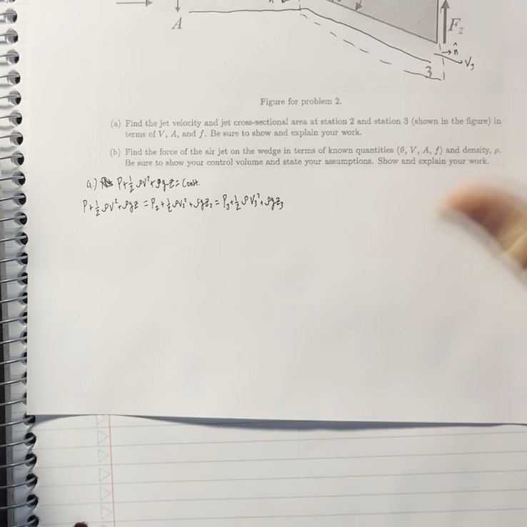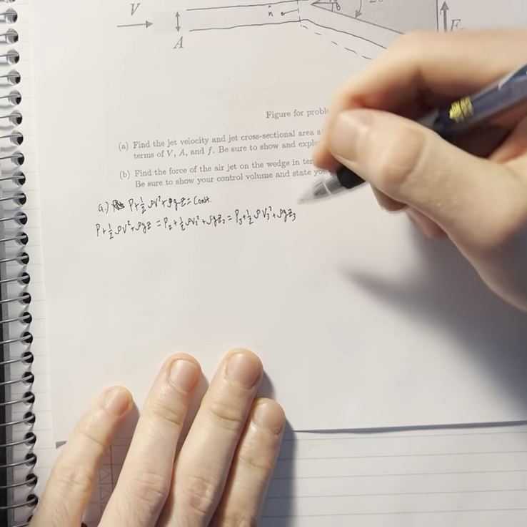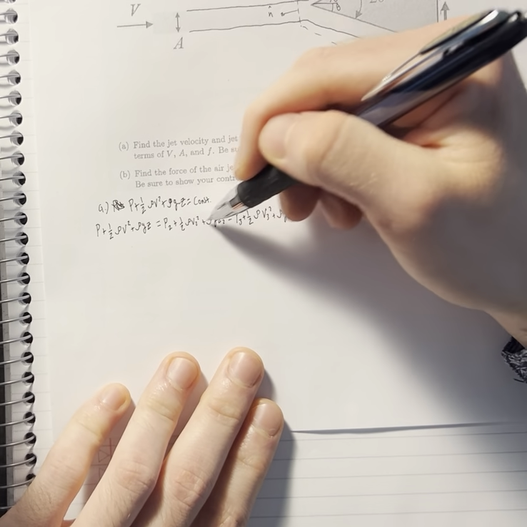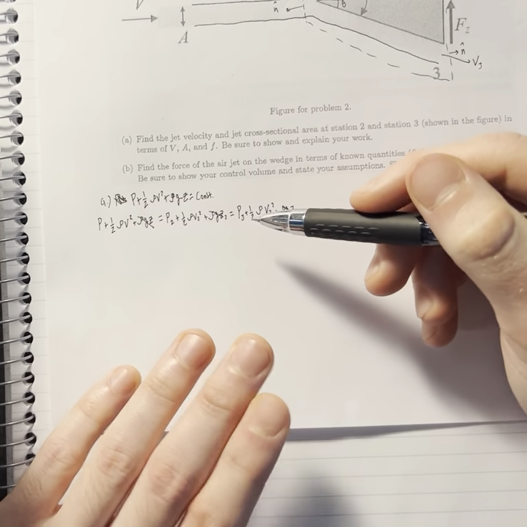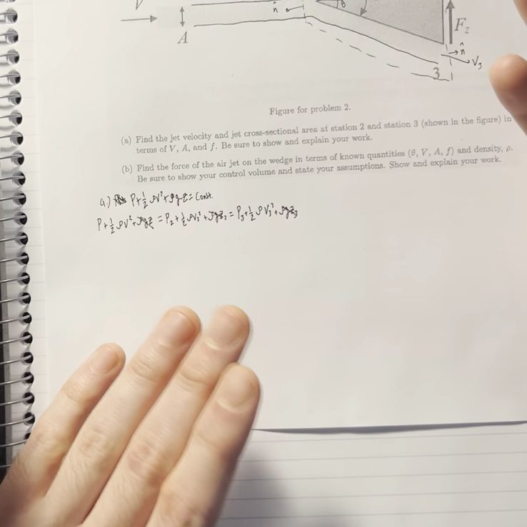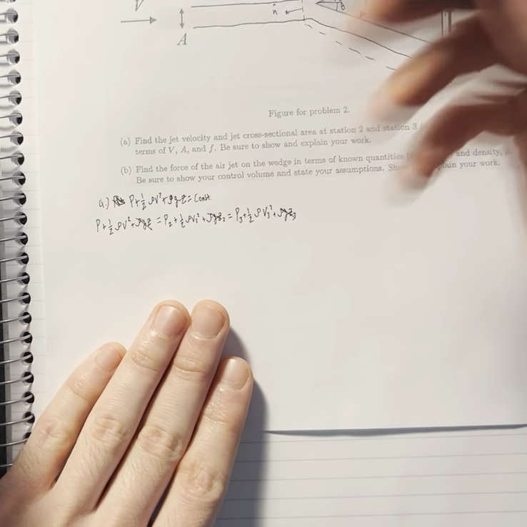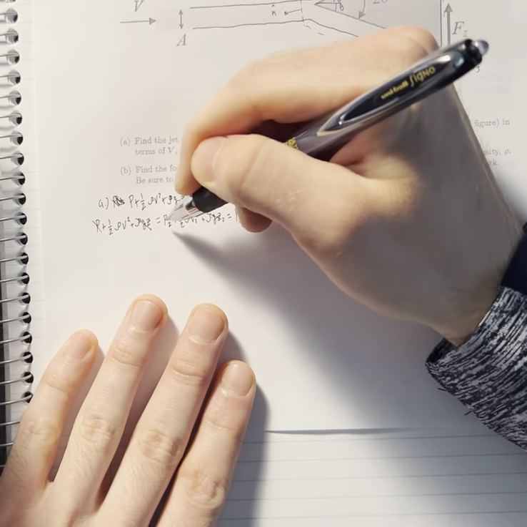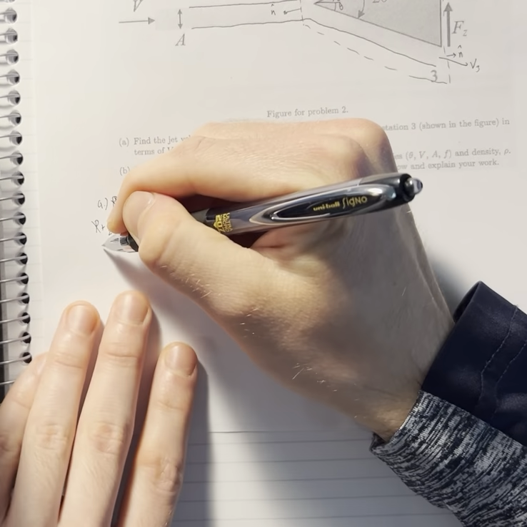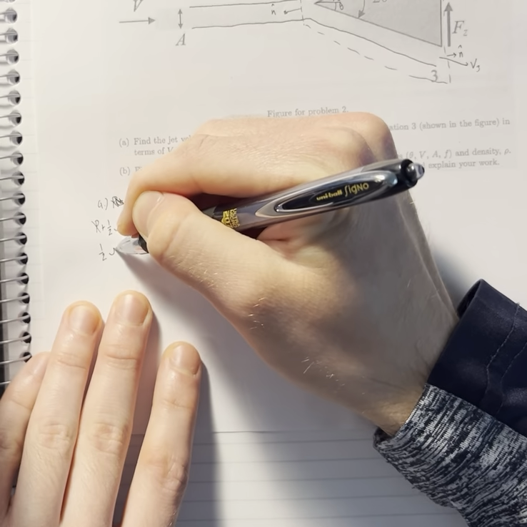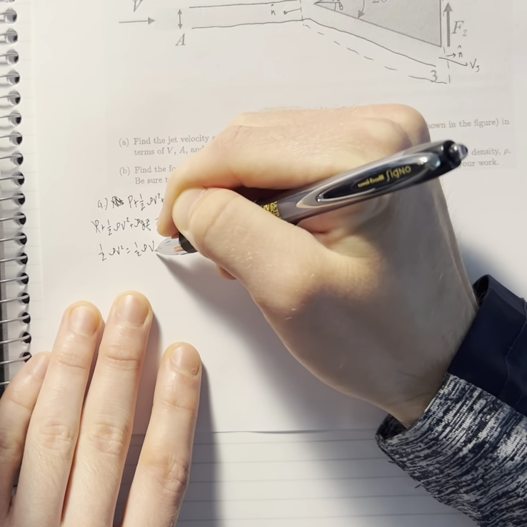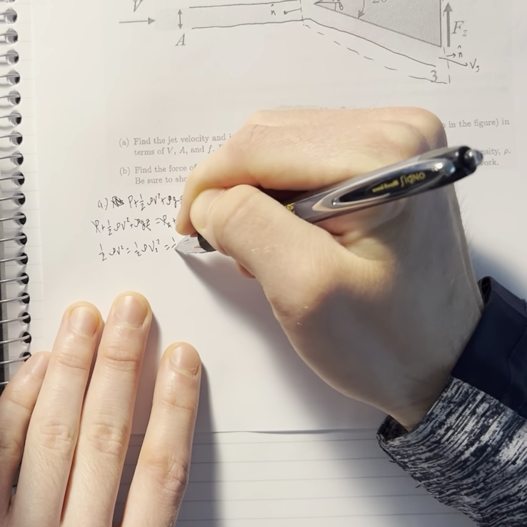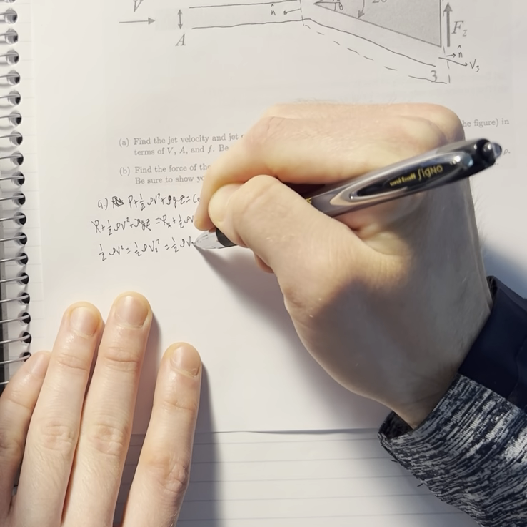Right, and so we already said all of those can go away. And we also know, after we did that, if you say all the pressures are the same, which they are, we already said that, subtract the pressures away, and all the pressure goes away. So we're left with 1/2 rho v1 squared equals 1/2 rho v2 squared equals 1/2 rho v3 squared.